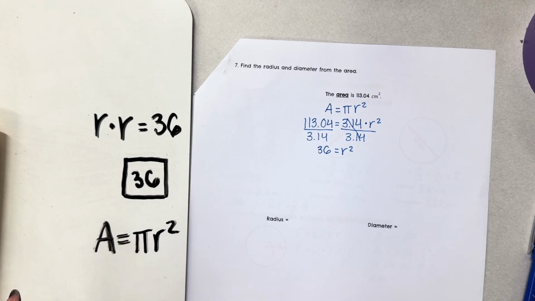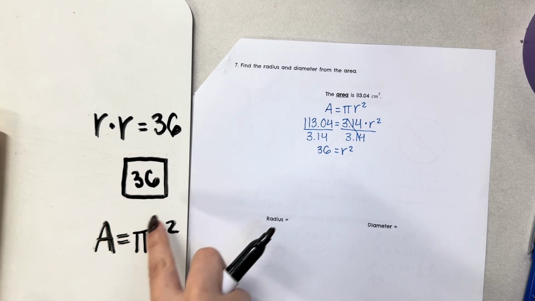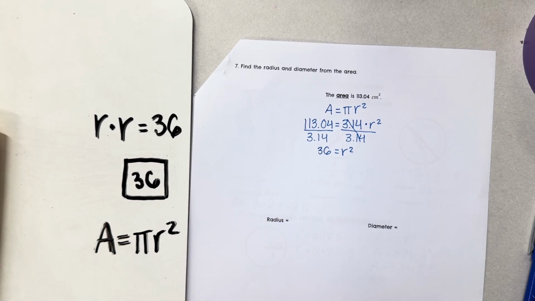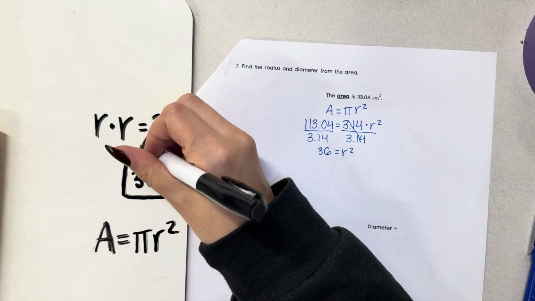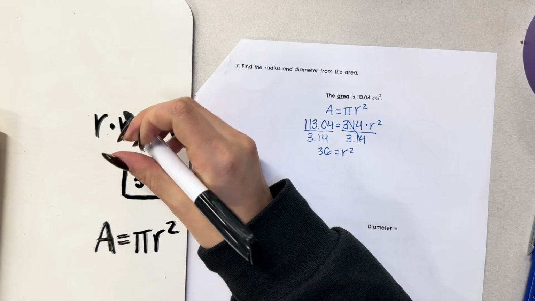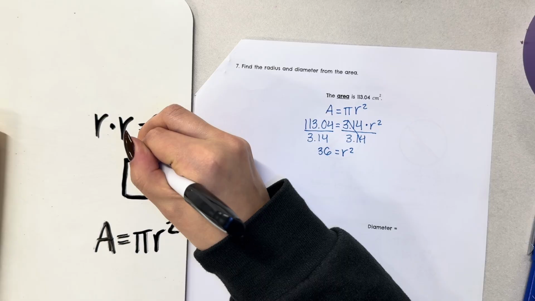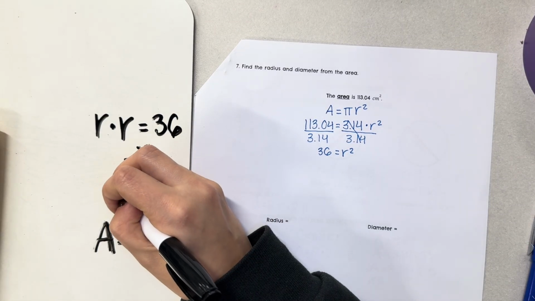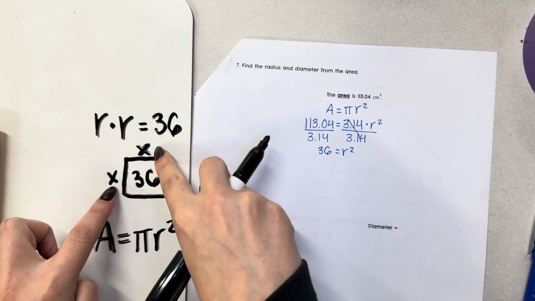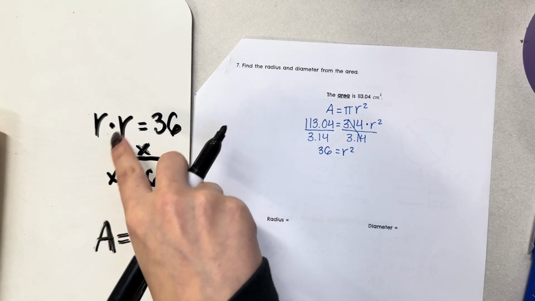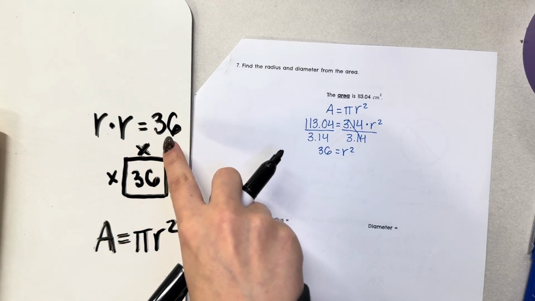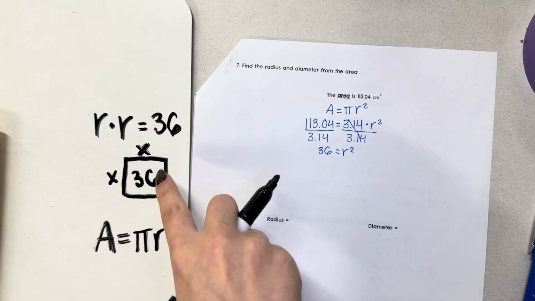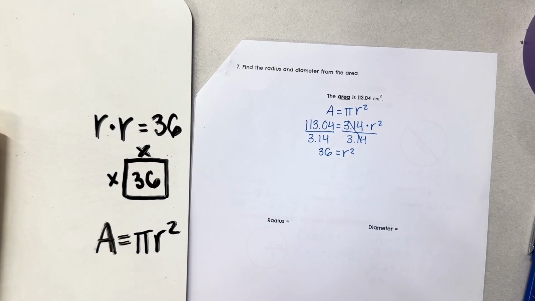All sides of the square are the same length. So, we're trying to figure out what number, let's say x, when I multiply two side lengths together, I get an area of 36.